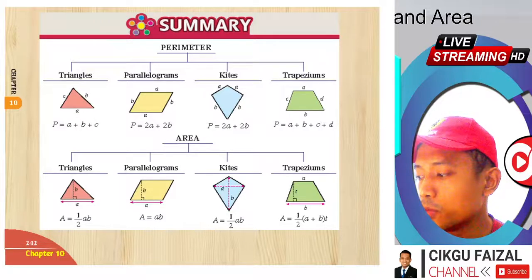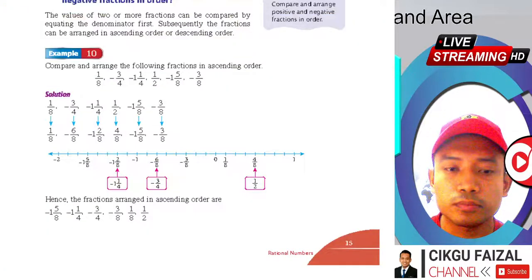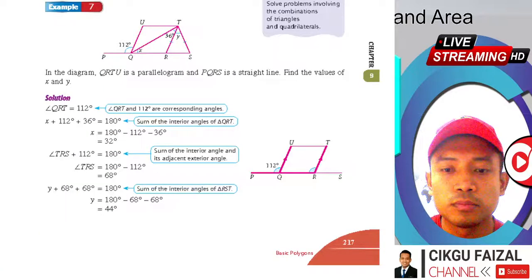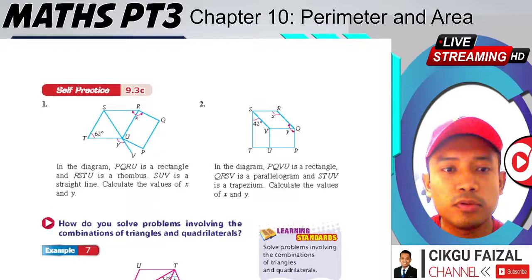Okay, you can turn to page 227, right? For exercise number 1, self-practice 9.3, we look at question number 1.